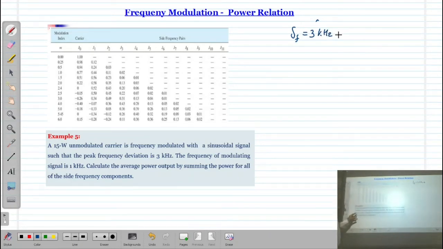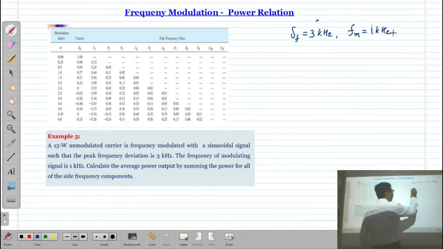The frequency of the modulating signal, fm, is 1 kHz. Calculate the average power output by summing the power for all the sideband frequency components.